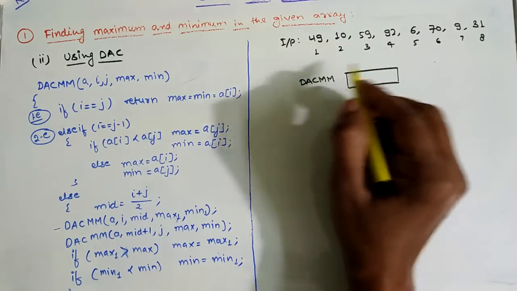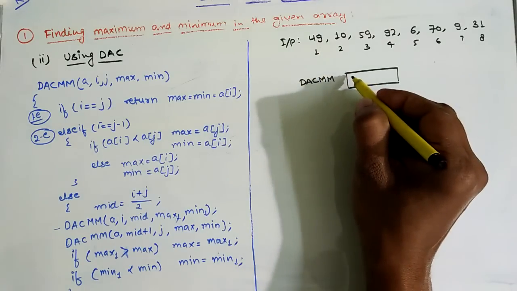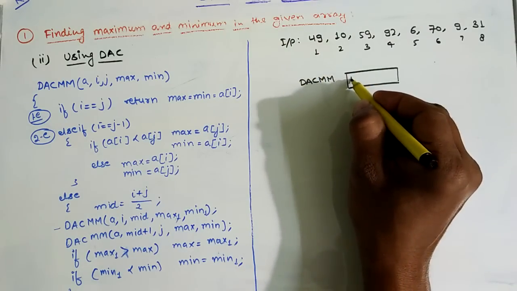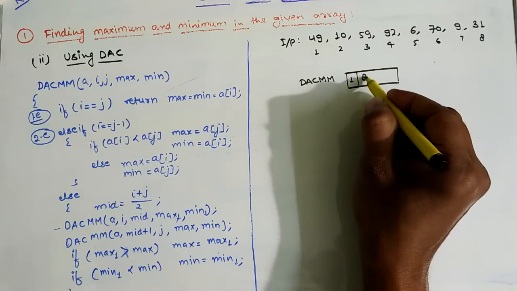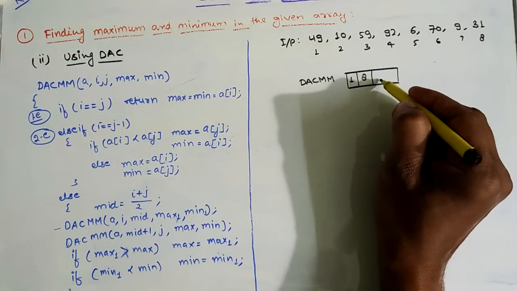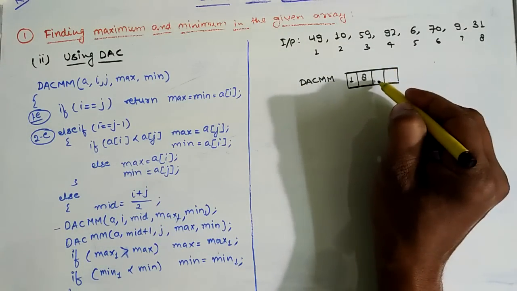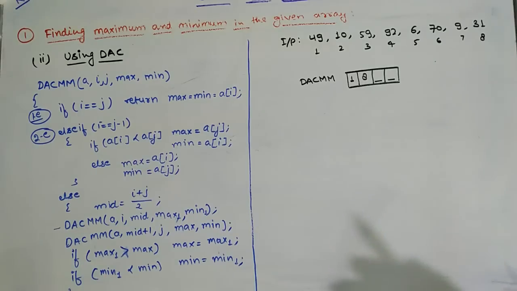I just write the i and j: the value of i is initially 1, the value of j is 8, and there are empty spaces for maximum and minimum. I need to fill them out after the subproblem is solved.